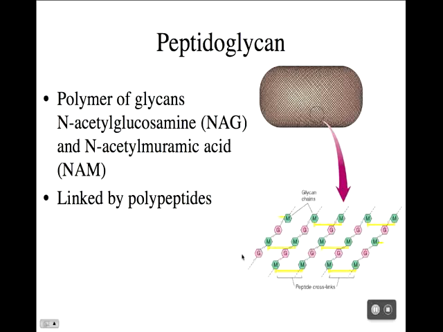And if you look, each individual string is alternating NAG, NAM, NAG, NAM. Right? And you have multiple strings of NAM, NAG, NAM, NAG, NAM. Here you have NAM, NAG, NAM, NAG, etc. You have these strings of alternating NAG, NAM, and those individual strings are linked together by proteins. Proteins are linking the NAMs together.